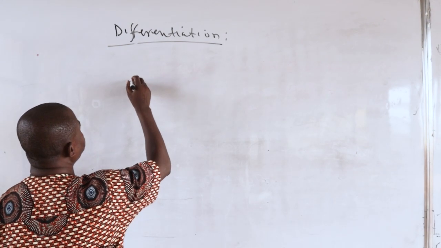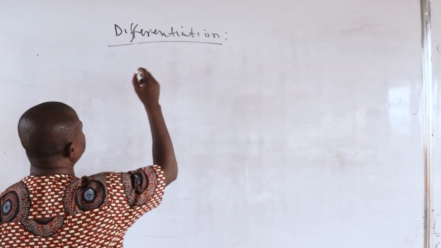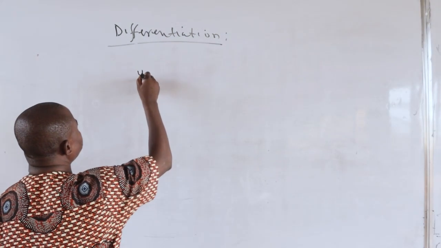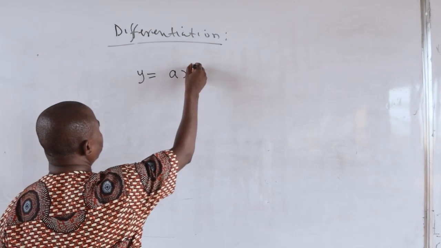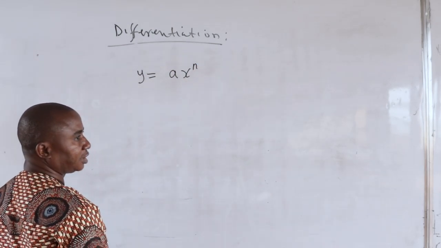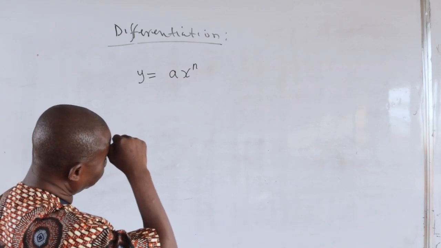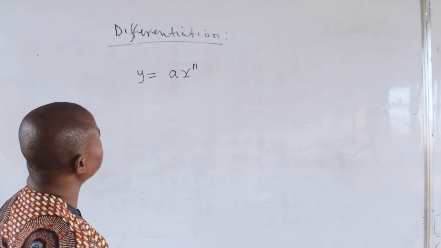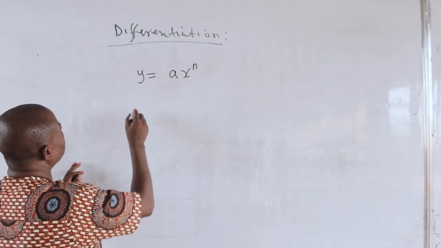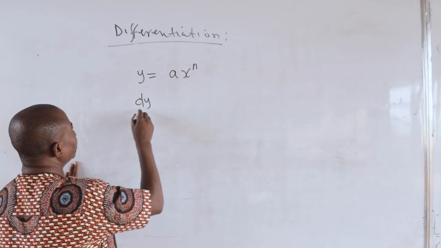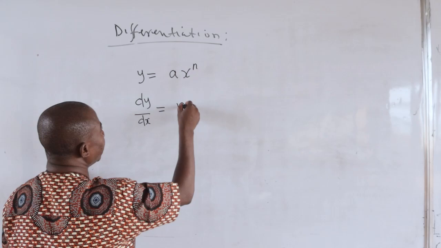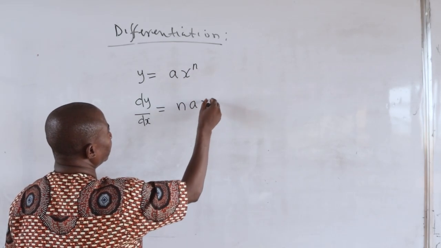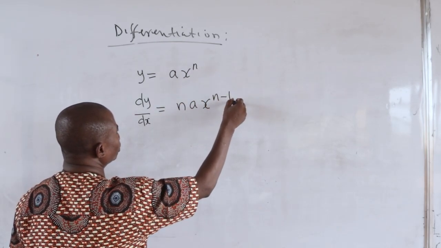If we have, as a general rule now, for any polynomial of the form ax raised to power n, where n is an integer, it can even be a fraction, you know. So if we differentiate y with respect to x, what we get is n times a x raised to power n minus 1.